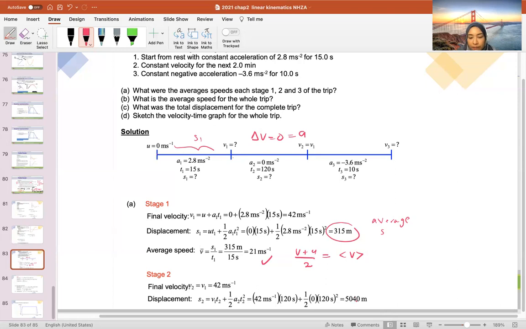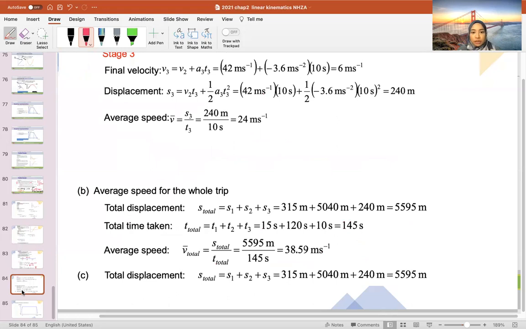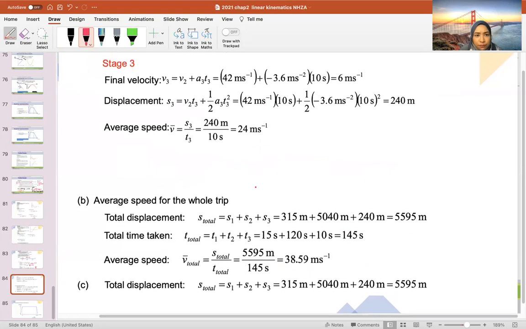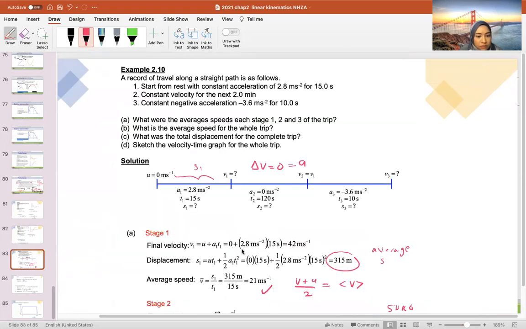So you get 5040 meters. 5040 divided by 120, the total duration of time for section 2. Where's stage 2?